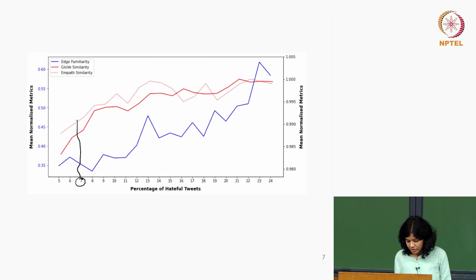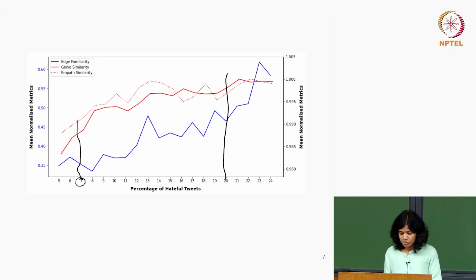So we are looking at the users in different buckets: users for whom 7% of their tweets are hateful, versus, let's pick one more point, 20. Now users for whom 20% of the tweets are hateful, what is the similarity and the familiarity? If you see, the trend is increasing.